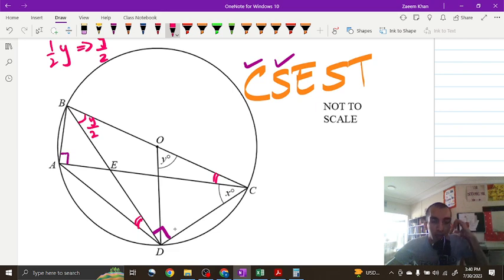Can you say the same for another pair of angles? On the opposite side, C, D, and B, A, E. BAE and CDB. You've already done that. Beautiful. This right angle is equal to this right angle.